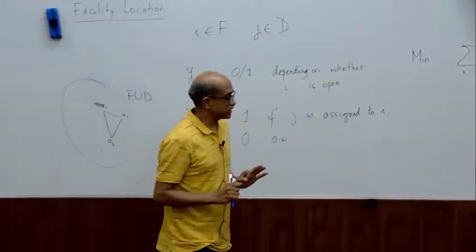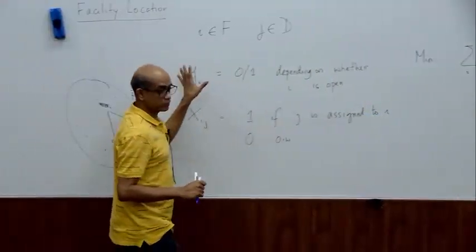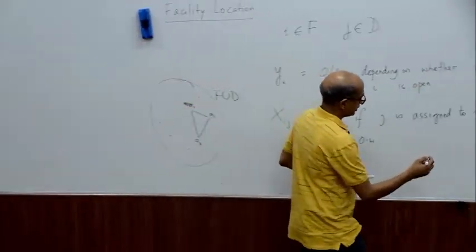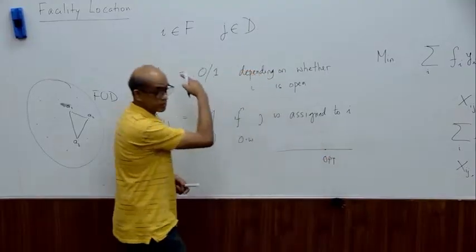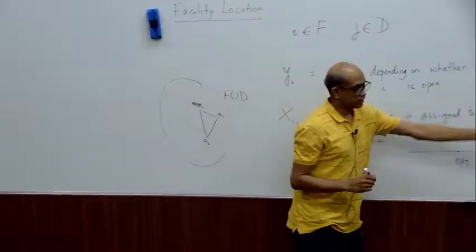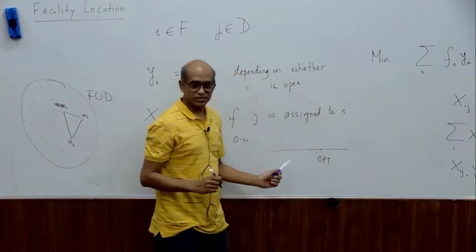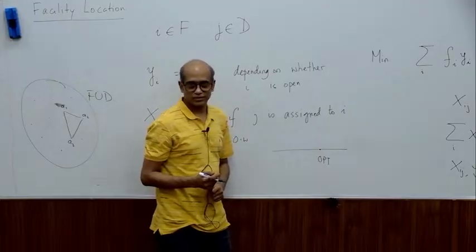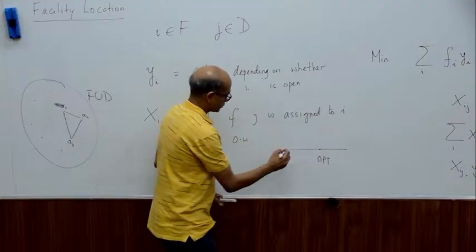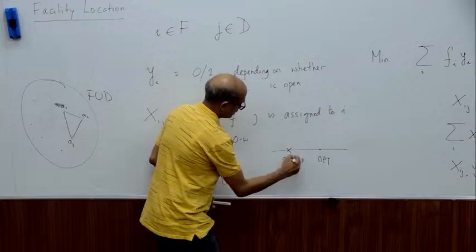Relaxation means that if you knew the optimal value for the original problem on this instance, where do you think the optimal value of this linear program is going to be? More than this or less than this? Less than this, right? So the optimal value of the LP will be less than this.